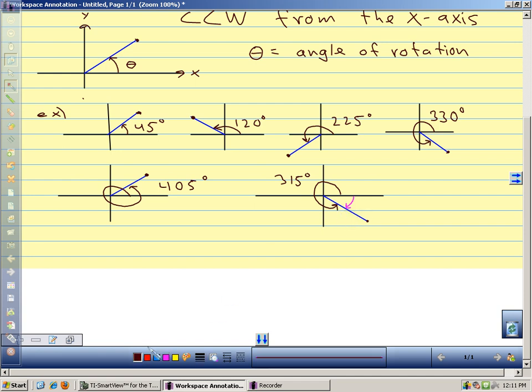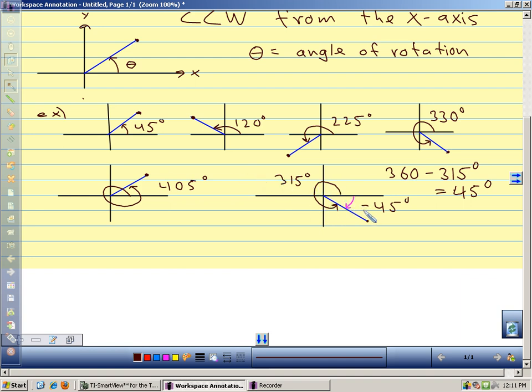And the way we figure that angle out is 360 minus 315 degrees is 45 degrees. So this angle of rotation would be negative 45 degrees. We've gone 45 degrees in the opposite direction. And that's the same as saying 315 degrees in the positive direction.